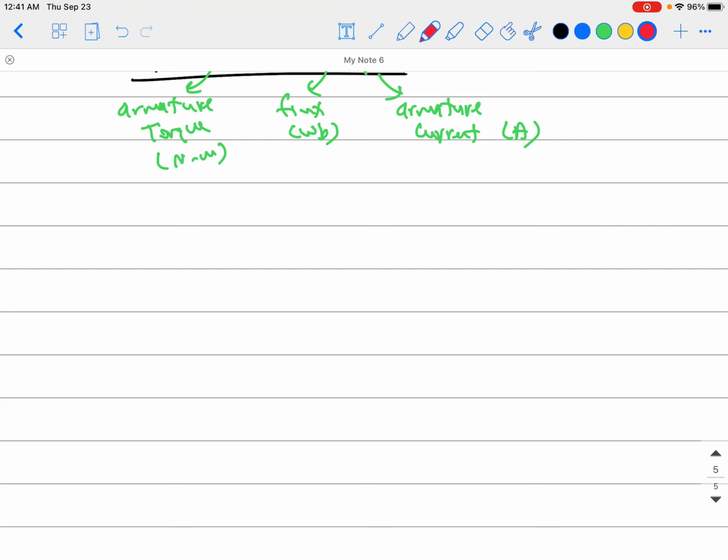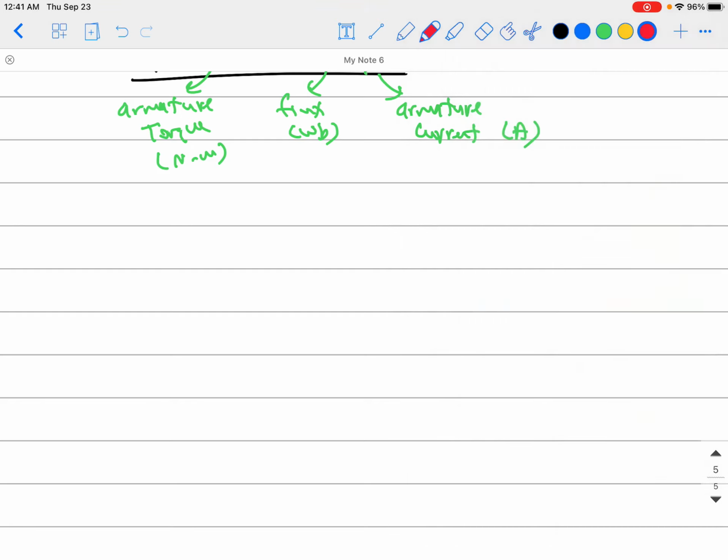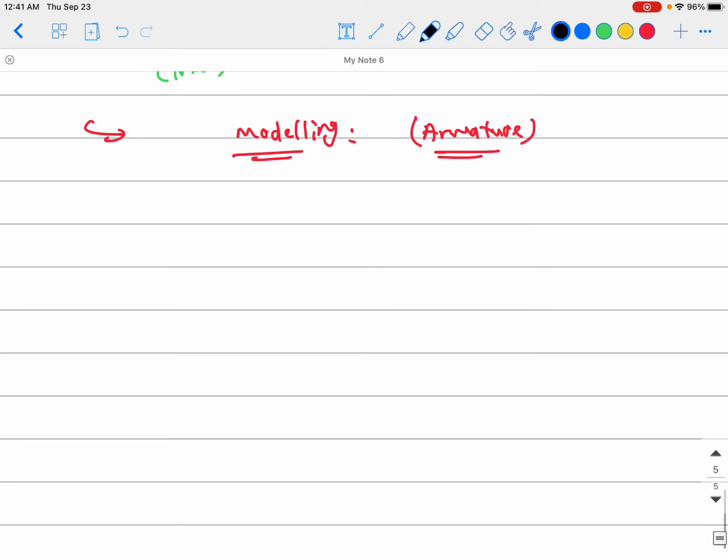So these equations can be represented directly using this. Now I'm talking about modeling. To model the armature of the machine, the armature is basically just winding, a set of coils. So if you want to model them, you will model them like you model a coil in electric circuits. It will look like this.